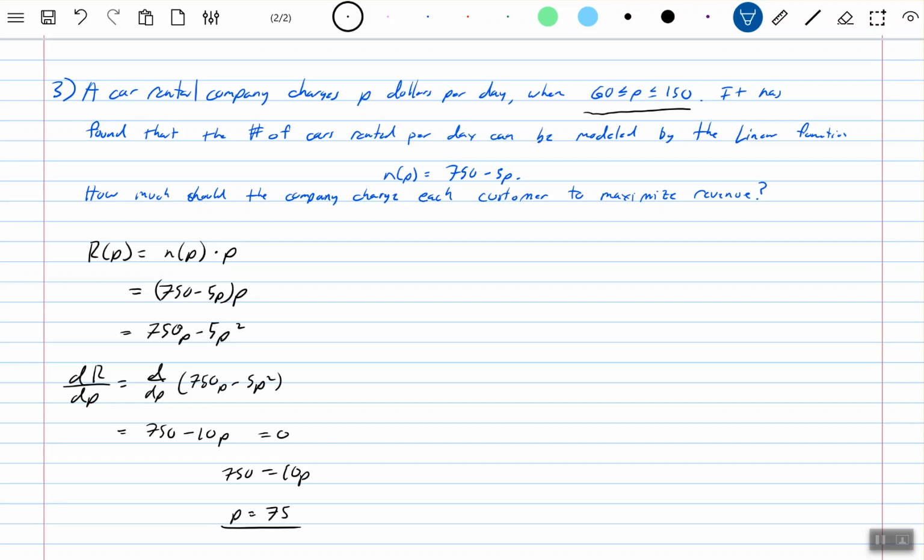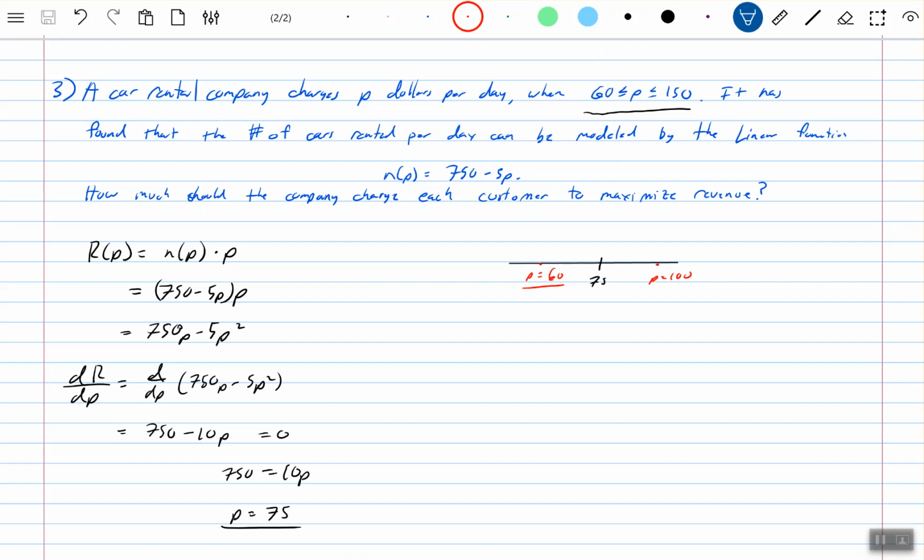Now we need to use the first derivative test to determine if this is in fact a relative maximum. So let's plot this thing. This is 75. Now we need to pull out our test values. So let's say P is equal to 100, and then P is equal to 60. Let's go ahead and knock out two birds with one stone. What I mean by that is we already need to deal with 60, so might as well go ahead and start playing with that.